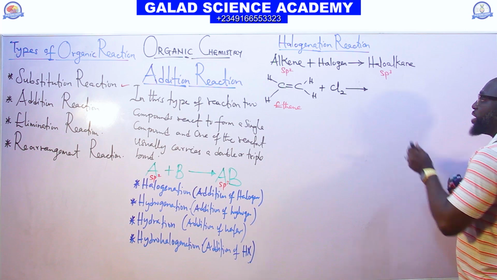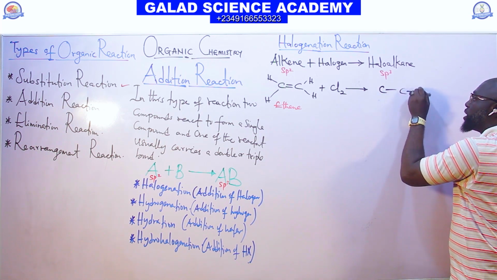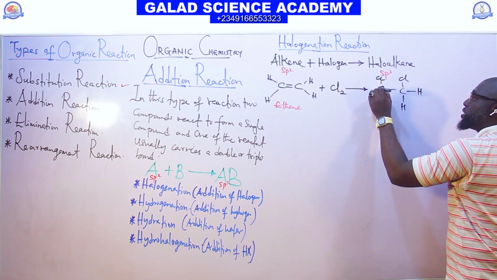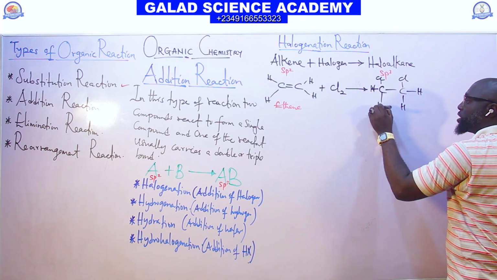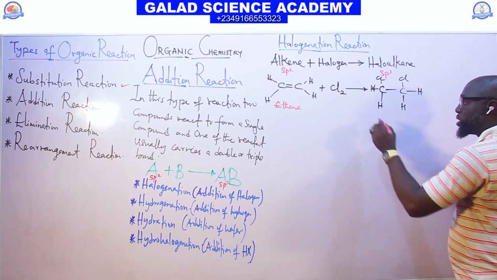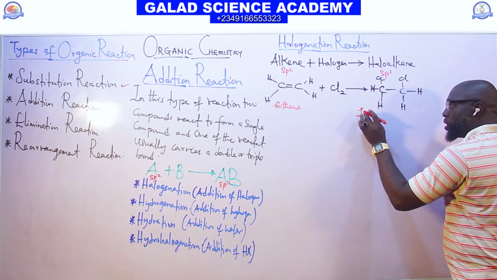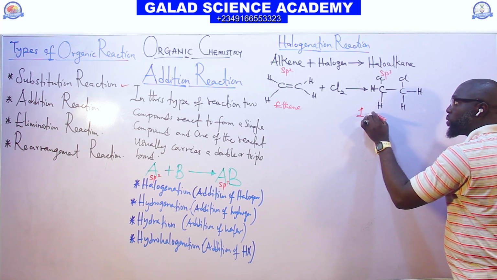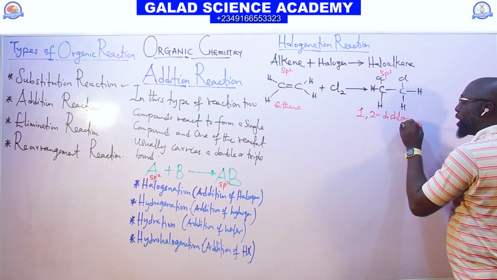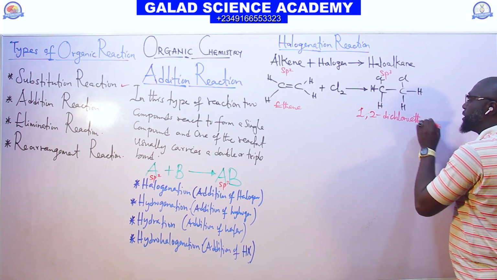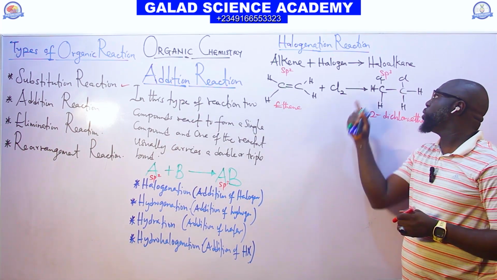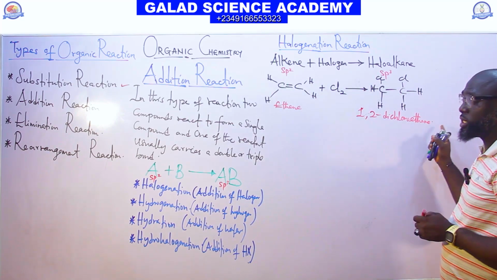You add it to it, you have CH, H, H, Cl, Cl, H, H. So what will be the name? The name will be 1,2-dichloroethane. And the hybridization of 1,2-dichloroethane is sp3. This ethene is sp2.